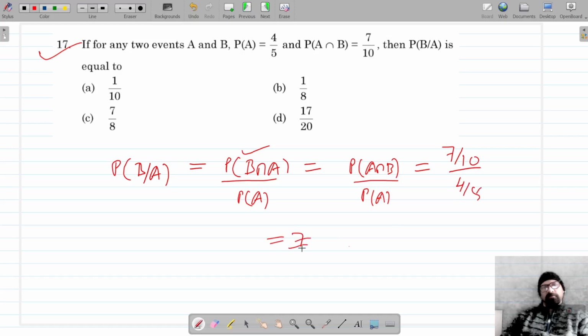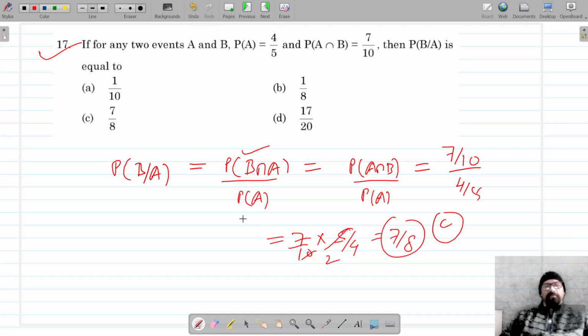So this is equal to 7 by 10 into 5 by 4. 5 twos are 10, and our answer is 7 by 8, which is the option.